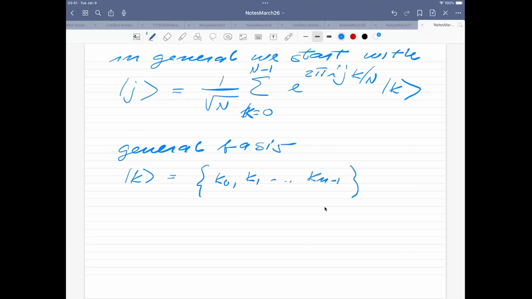So if I now look at this type of information, which I'm going to set up, I could now define a new basis, Y, or J as I called it.